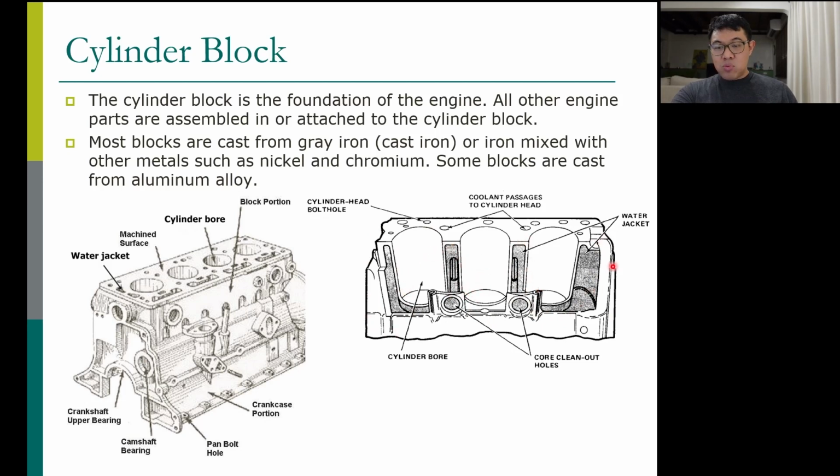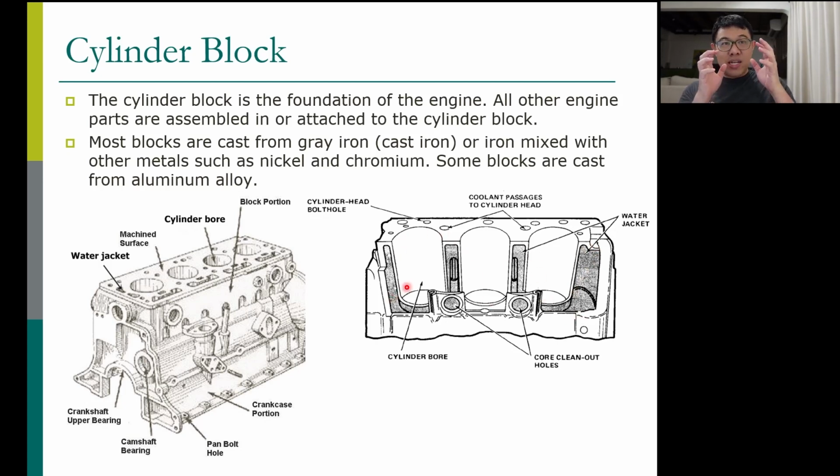This water jacket is made during the casting process. Normally before you cast, you have to have a mold, an engine mold. Before you put the mold together, you have to build a sand core so that it becomes the shape of this water jacket.